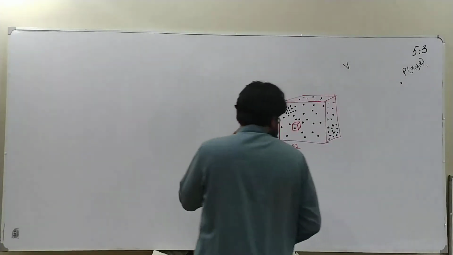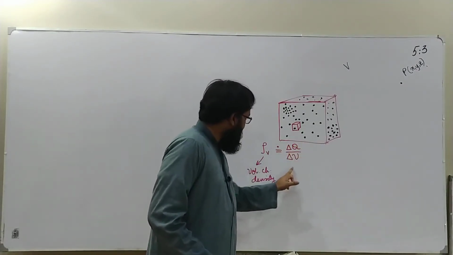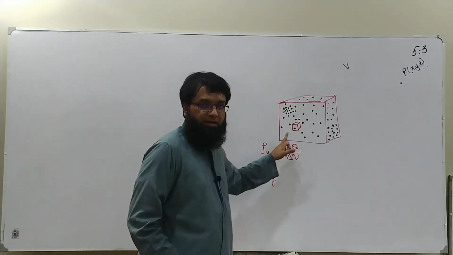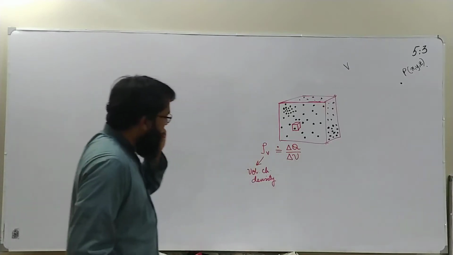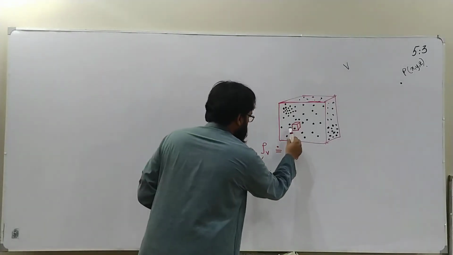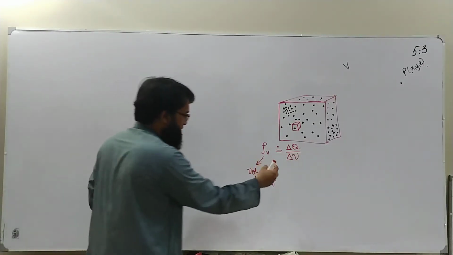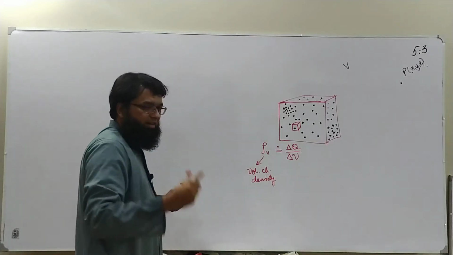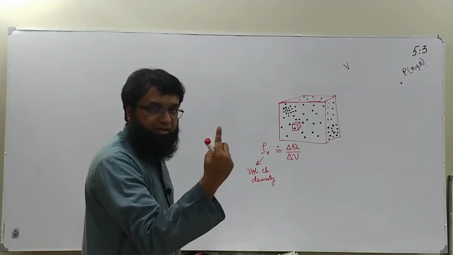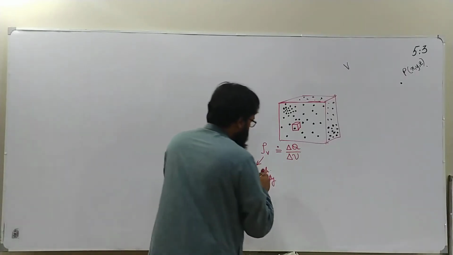So what I'll get on the right hand side is not constant. So how to make it constant? How to ensure that this incremental volume occupies exactly one charge in it? How to do that?